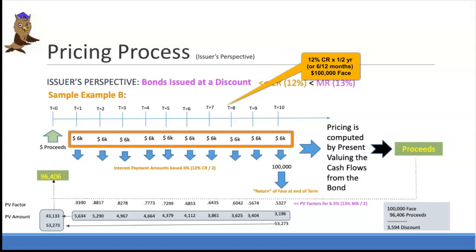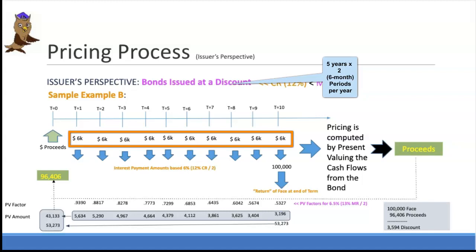This gives us $6,000 per period every 6 months. And as before, there are still 10 interest payments or cash flows from t equals 1 through t equals 10, with an additional cash flow representing the return of the loan or face amount, which is also still the same at $100,000. This happens at t equals 10.